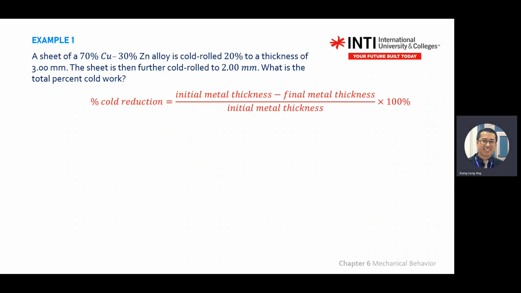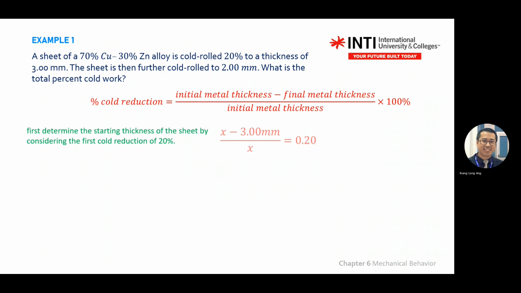Same, you pull the calculation. Percentage of cold reduction: you take initial thickness minus final thickness, divided by initial thickness, times 100%. So you need to calculate the starting thickness first, right? Initial minus final, where final is 3, divided by initial thickness, times 100%. The ratio is 20%, so 20% is 0.2.